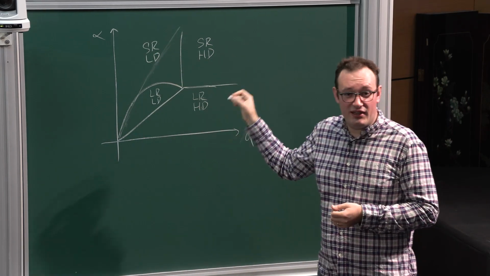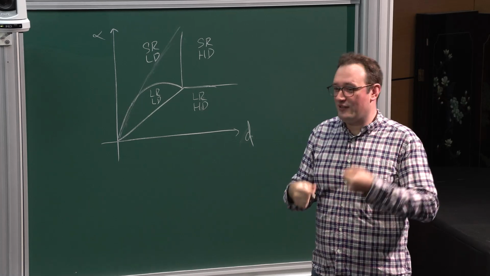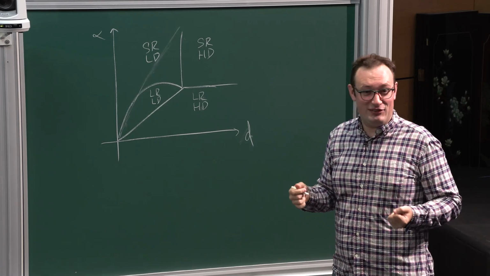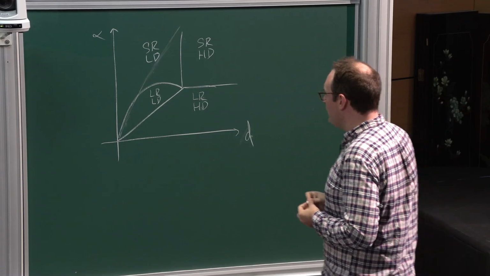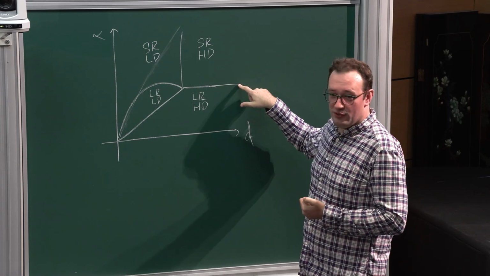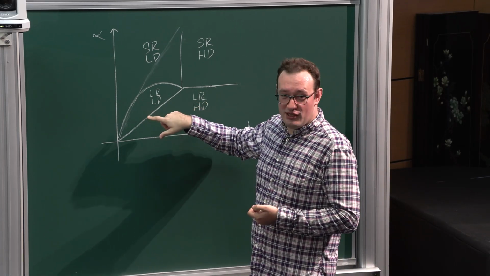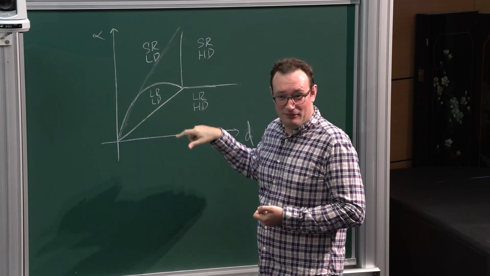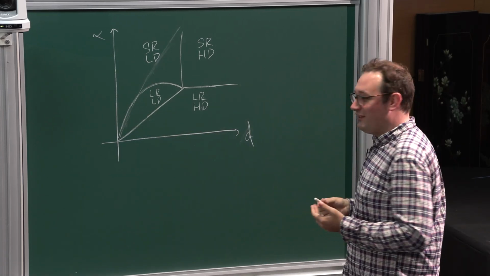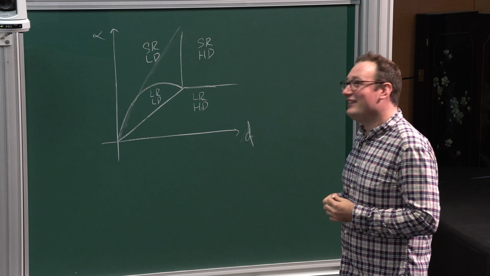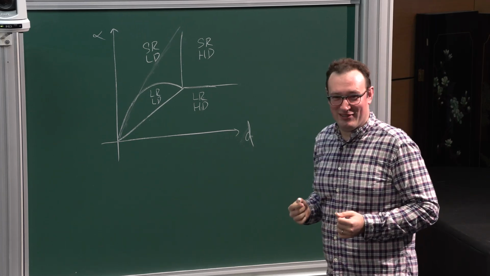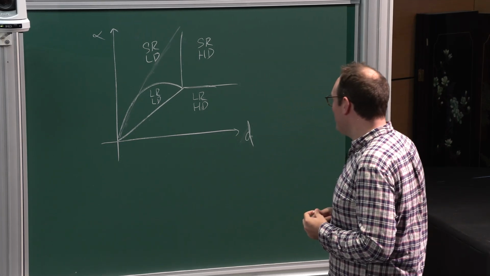And then, of course, we have these lines with the extra complications, log factors, and so on in between them. So this would be the high-dimensional but marginally short-range. This is long-range and marginally high-dimensional, or marginally low-dimensional, depending on how you think of it. I guess marginally high-dimensional is the better way to put it.